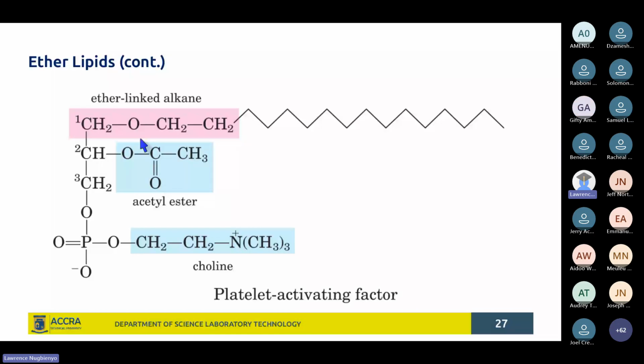Here it is written very well, so you can see the difference between the ether and the ester, because it's written at the top there for that first bond, which is shaded pink, ether linked alkane, and then down here, the second bond is written clearly acetyl ester. So you can now see clearly the difference between an ether bond and an ester bond.